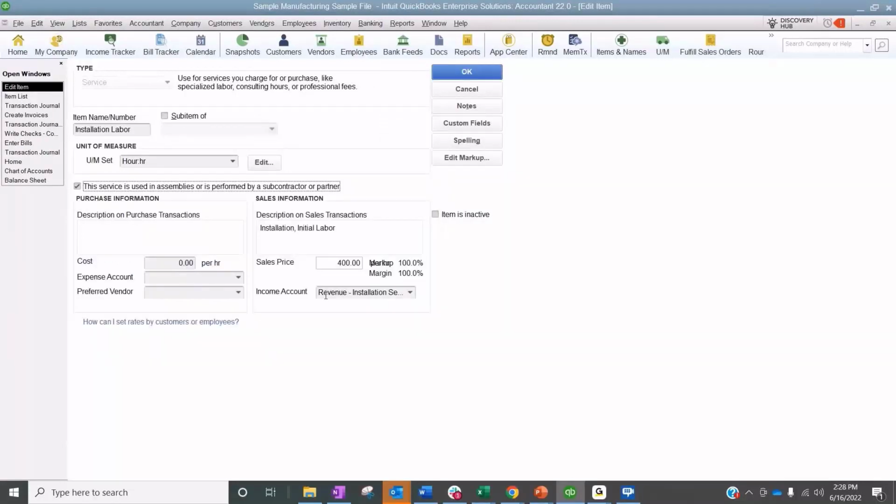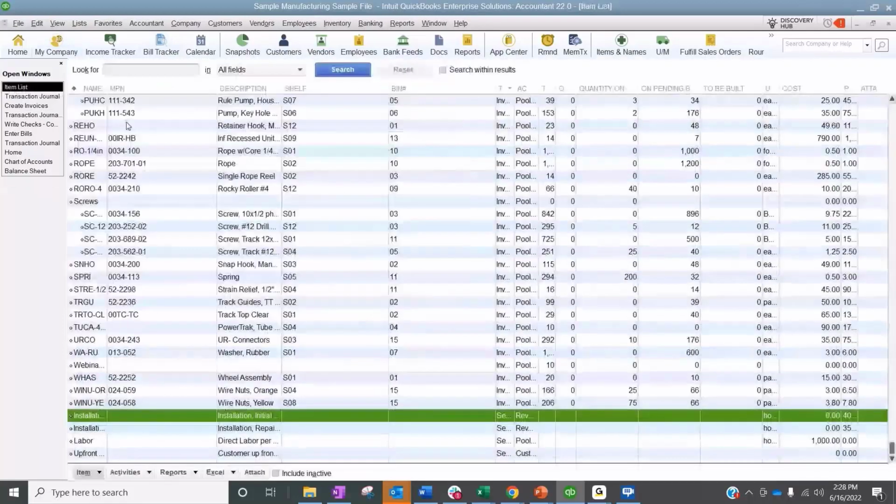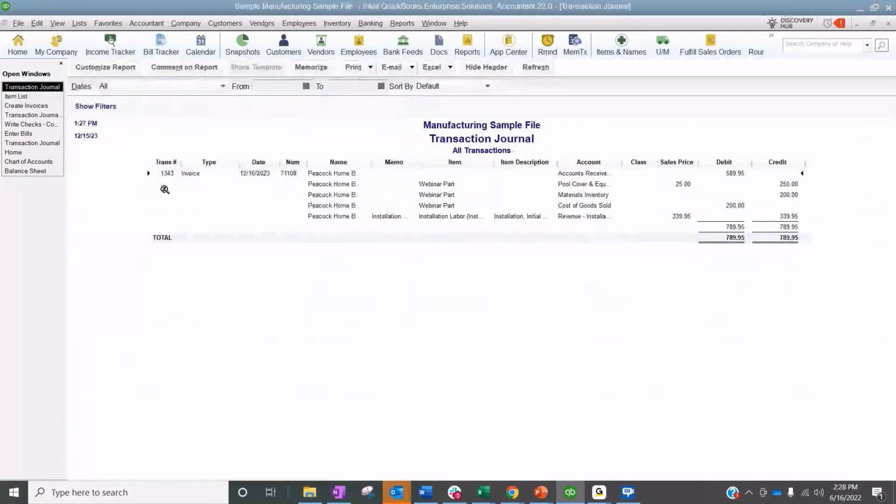Or we can split it so that when it's on a sales transaction, it hits this account. When it's on an expense type transaction, it hits this account. When it's on an invoice or a sales receipt, it hits over here. When it's on a bill, a check, a credit card transaction, it hits over here, right? So in this case, we only had it hitting income. We don't recommend that setup, but this is a sample file.